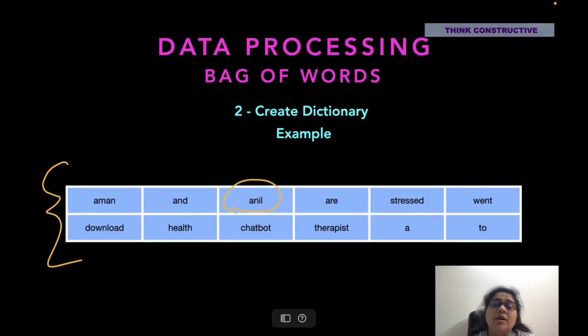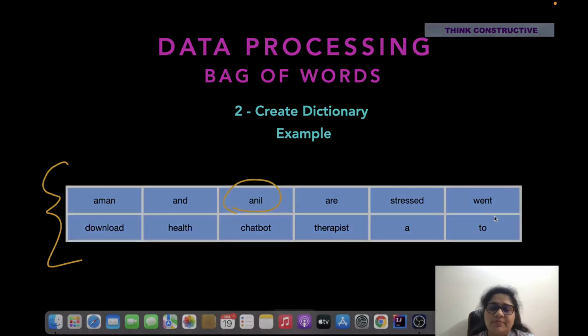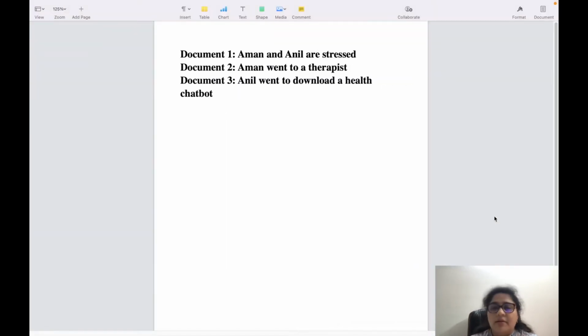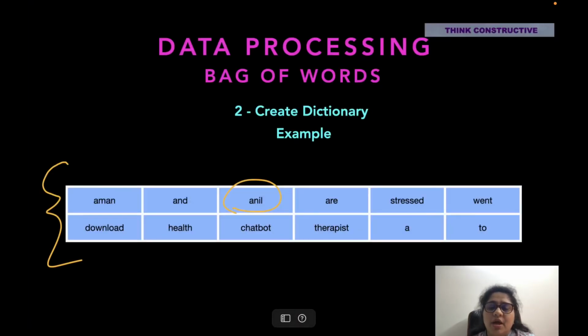Anil was coming more than once. Document 1 has Anil and document 3 also has Anil, right? But in my dictionary, I have only written Anil once. So this is what I meant by list of unique words. Every word should be written only once. So my dictionary is ready.